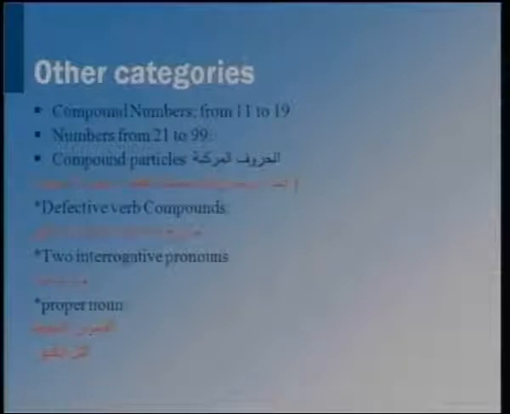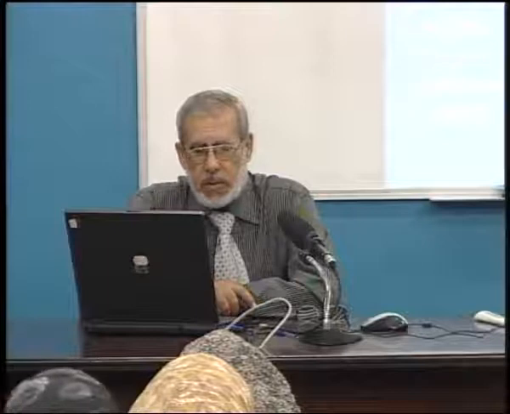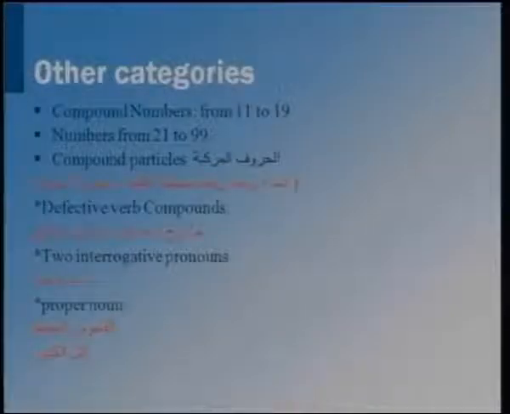Numbers 11 to 19: الحادي عشر, التاسع عشر. Numbers from 21 to 99: الواحد والعشرون, التاسع والتسعون. Okay, these are compounds in Arabic.